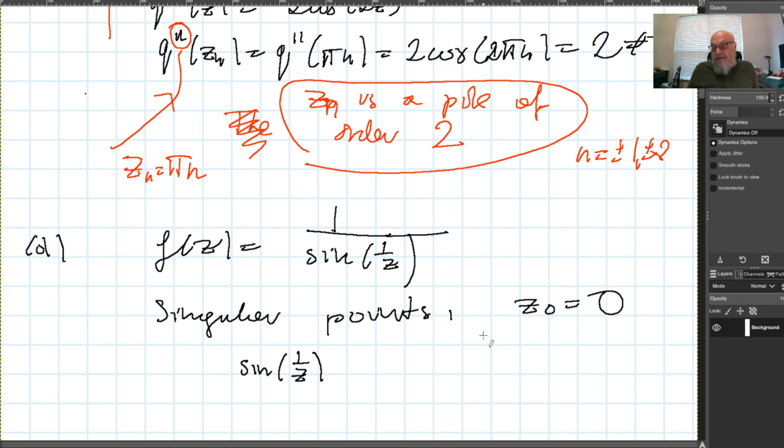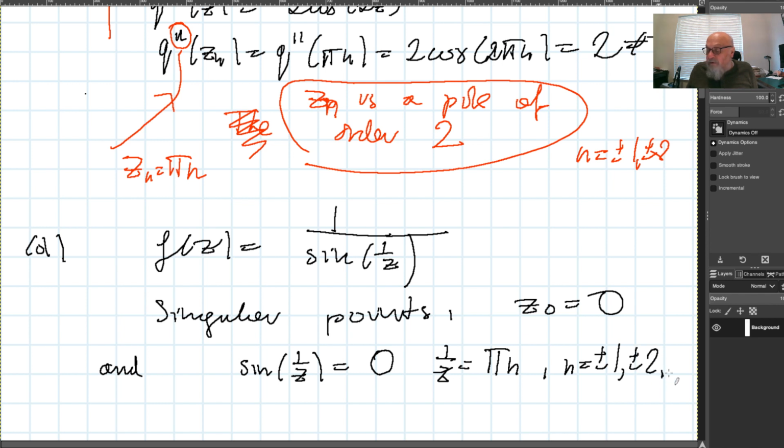You cannot divide by 0, and of course you have to solve this equation, so that means 1 over z is equal to pi n, where n cannot be 0, so this is plus minus 1, plus minus 2, etc. So you are getting here zn is equal to 1 over pi n.